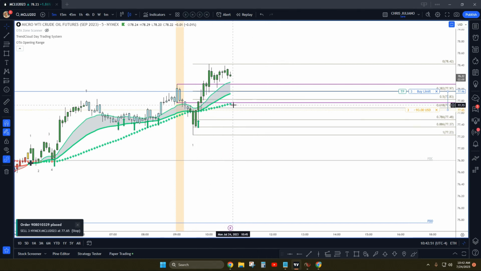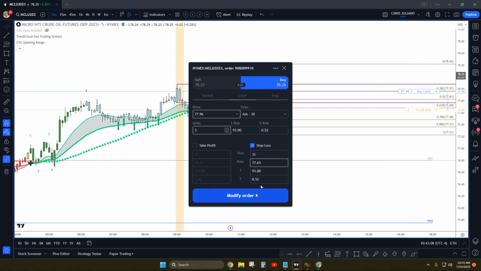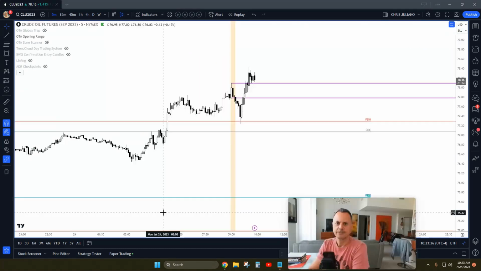We've got the 50, the bottom part of the opening range, and this little bit of structure here. Okay, about $100 risk. And take profit at your 2 to 1.